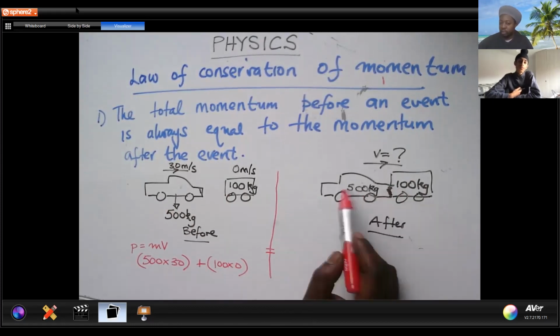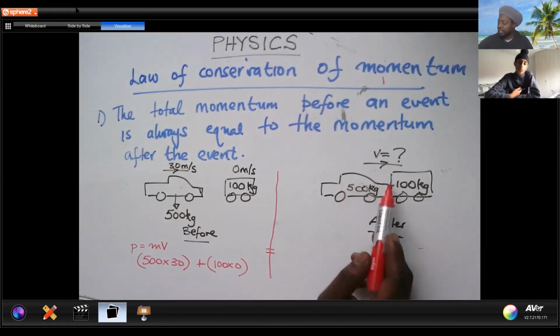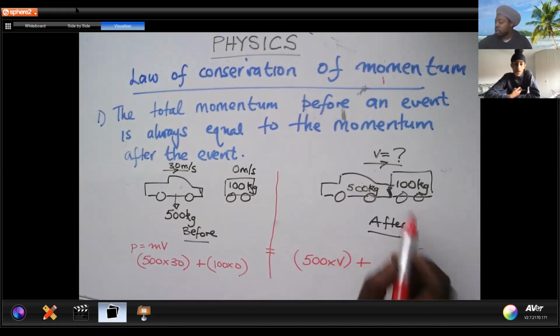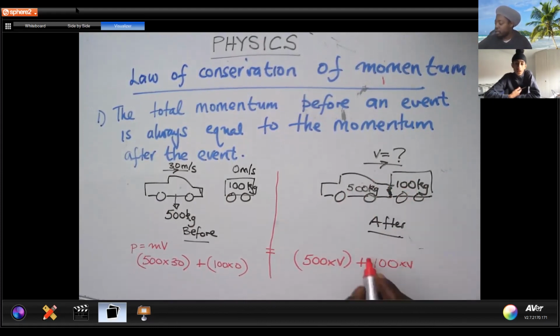This must be equal to, I can split these into two and write the momentum for the car, 500 times V, which I don't know, plus 100 times V. That's the momentum after.